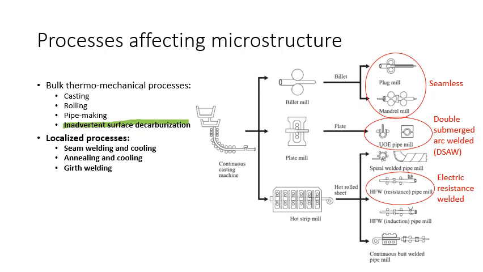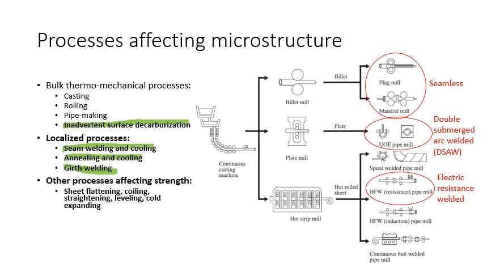Localized processes, including welding, local annealing of welds, especially seam welds, and girth welding, can leave a weld fusion zone, a heat affected zone, and a normalized region around the weld.